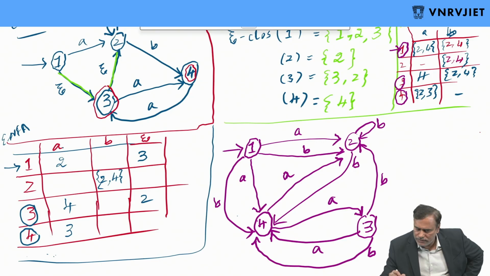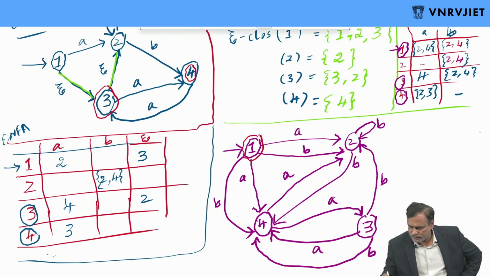Let me take a different color. You are known what are the final states: 1, 3, 4. So 1, 3, 4 are final states.